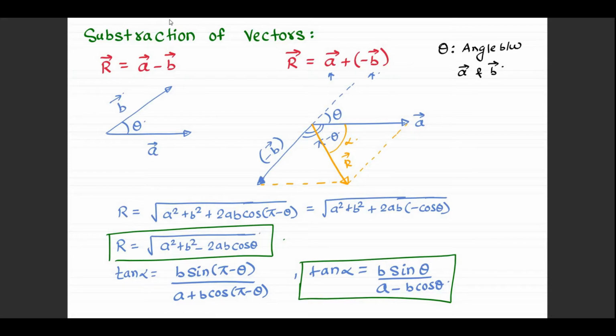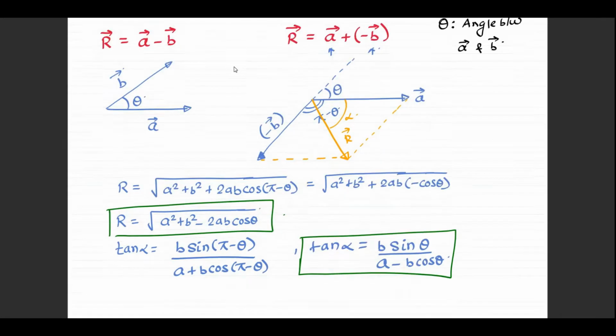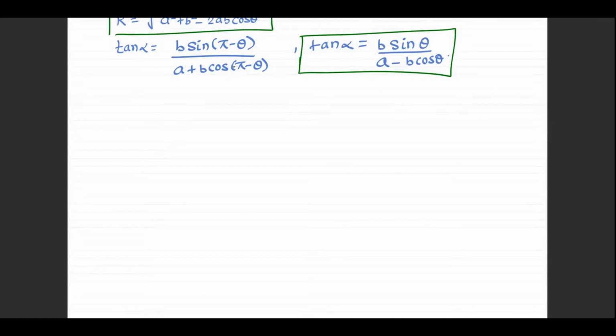Right? Now we'll introduce a new kind of vector that is known as null vector. So if I subtract A vector from A vector, the result will be a vector. And if I'm using equality sign and LHS is a vector, so RHS also must be a vector. So I will write here 0 with a vector sign.